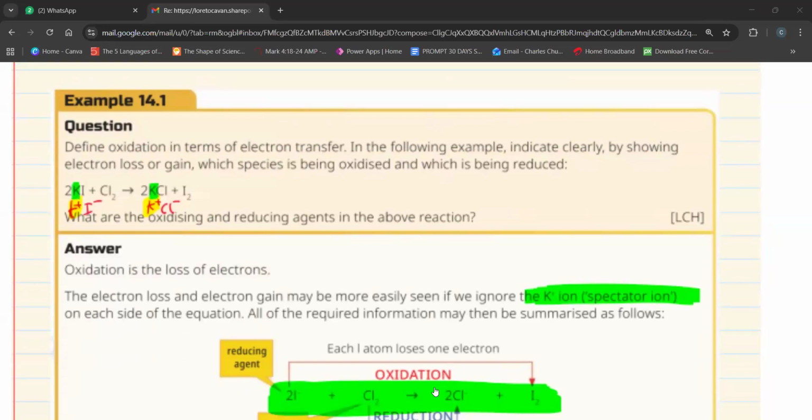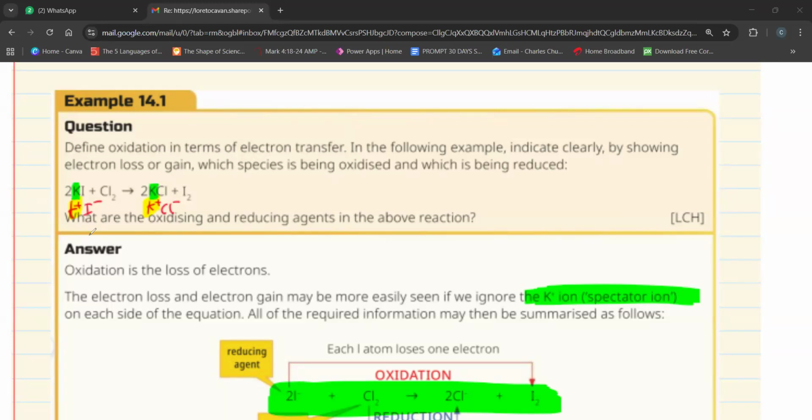You know how they put two brackets minus one under the periodic table. Are you referring to this one I'm looking at? Yes, one of the questions above.